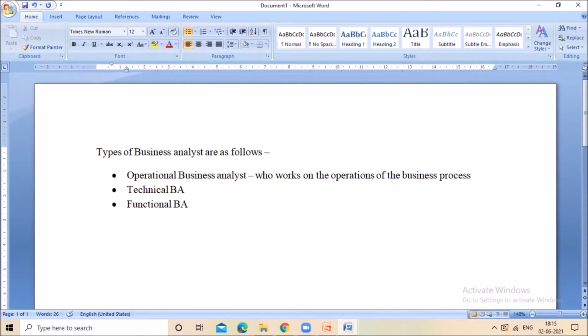Let's say there is an application called CRM. I'll give you an example. There is an application called CRM which requires some kind of add-ons, because it has been in use for a long time, but the present situation of the business has changed a lot. Now, you have to change and integrate many things.